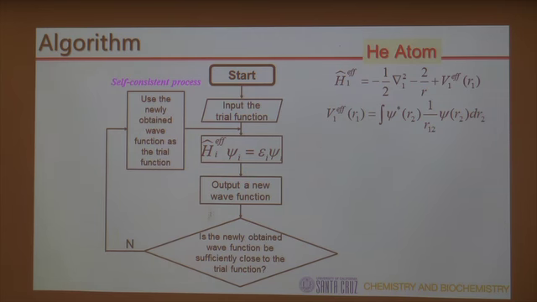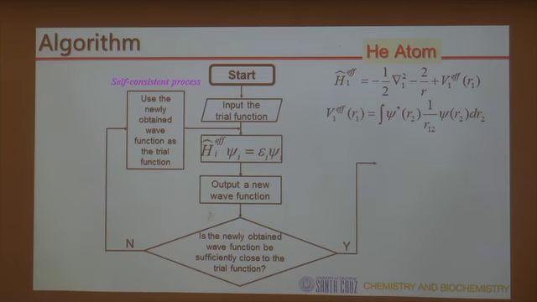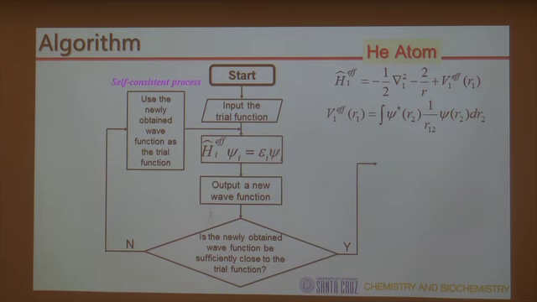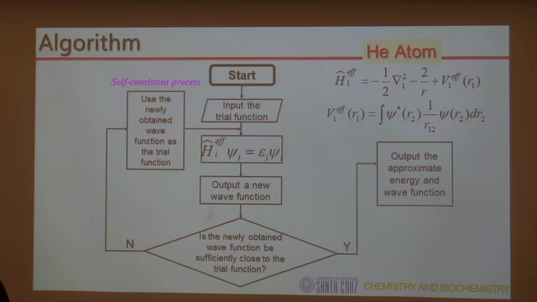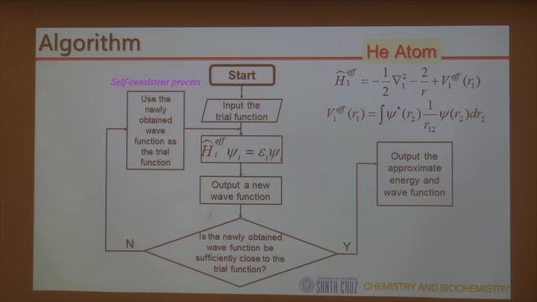You keep doing this until your answer is yes. You feel satisfied that your newly obtained wave function is sufficiently close to the function you put in, and you output the wave function, and based on the Schrödinger equation here, you get the approximate energy.